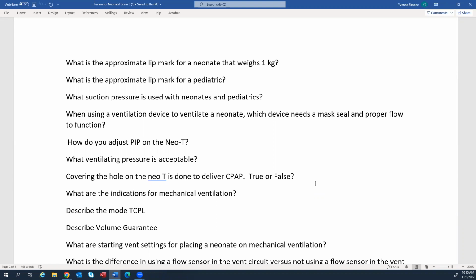So just holding the mask over the baby's face and not covering the hole is how you deliver CPAP with that device. But once you cover the hole, now you're delivering a positive pressure breath. And it is okay just to have the mask over the face with the NEOT and let the baby breathe the positive pressure. So that's called mask CPAP.